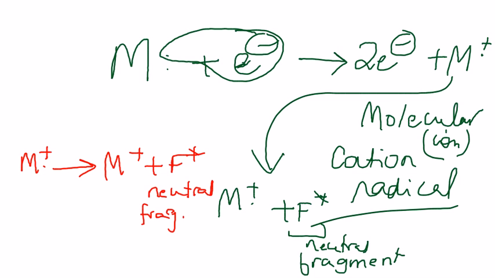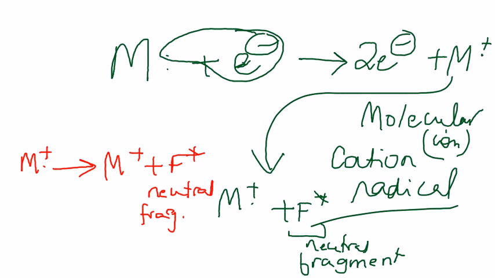So both of those are a possibility, and both of those are going to be detected on your mass spec. So again, you will leave behind a molecular ion, or you can see any of the fragment ions. Both of those are a possibility.